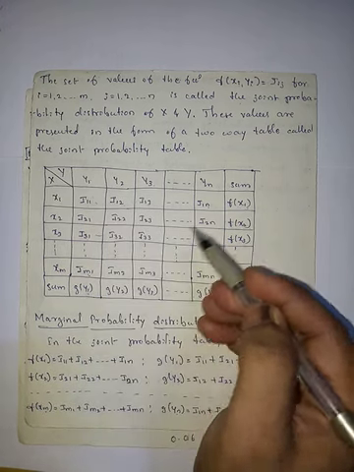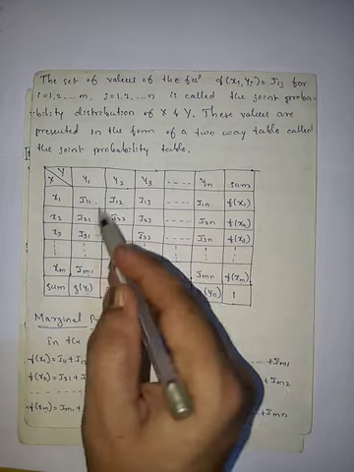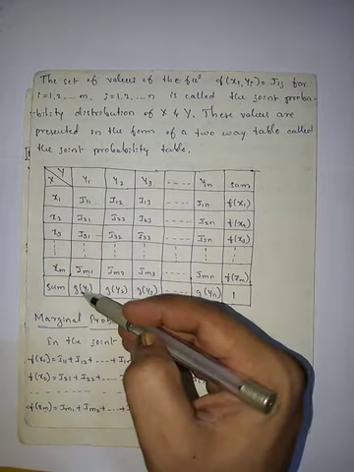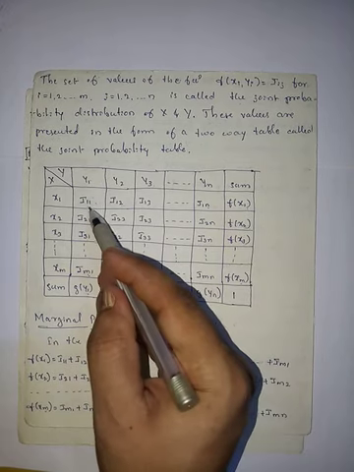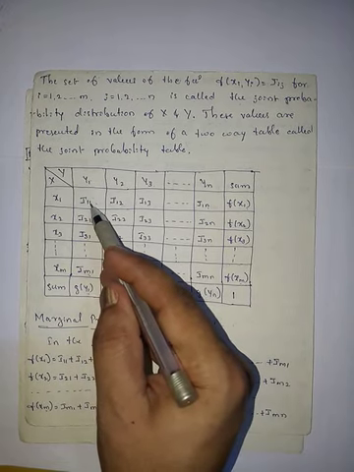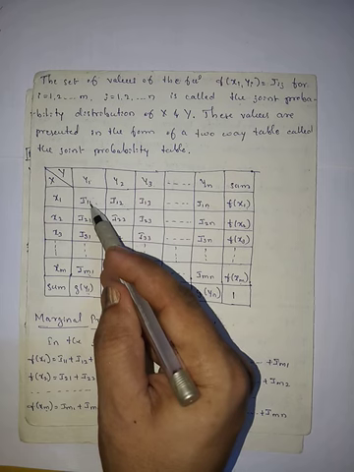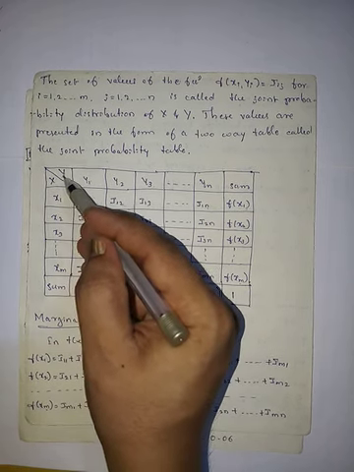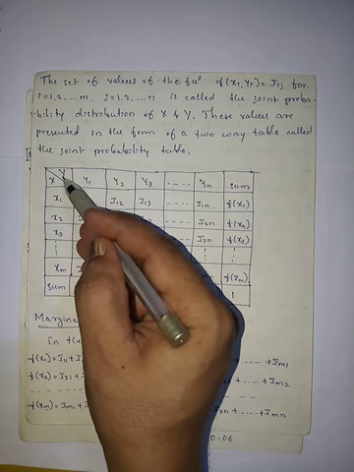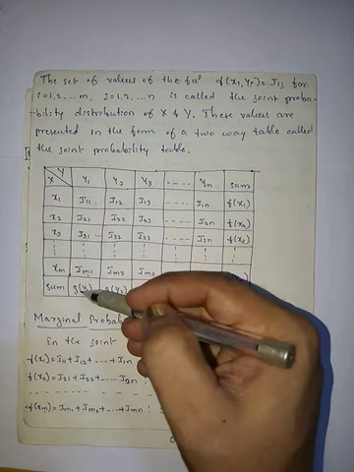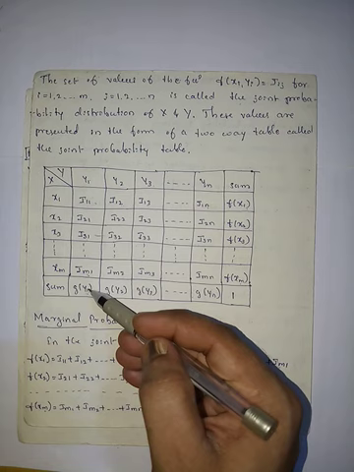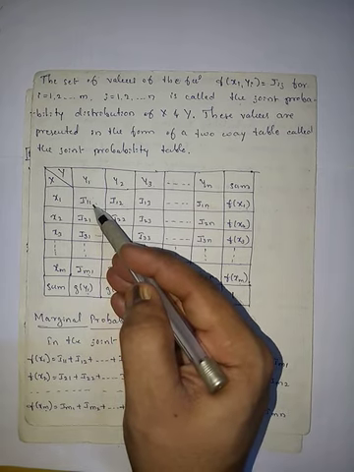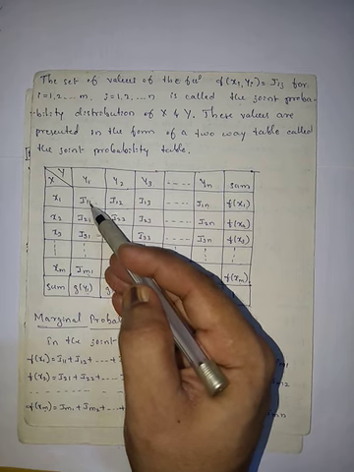For f of x1 and g of y1, the corresponding entry is j11, and the product of these numbers must be equal to j11. If this condition is satisfied, we can say that the variables x and y are independent. If the product of these marginal entries is not equal to the entry in the table, then they are dependent.